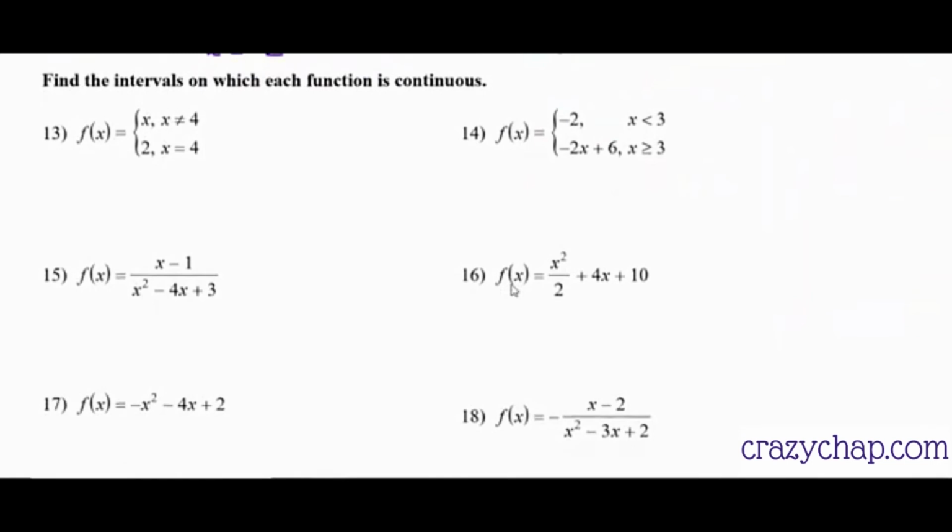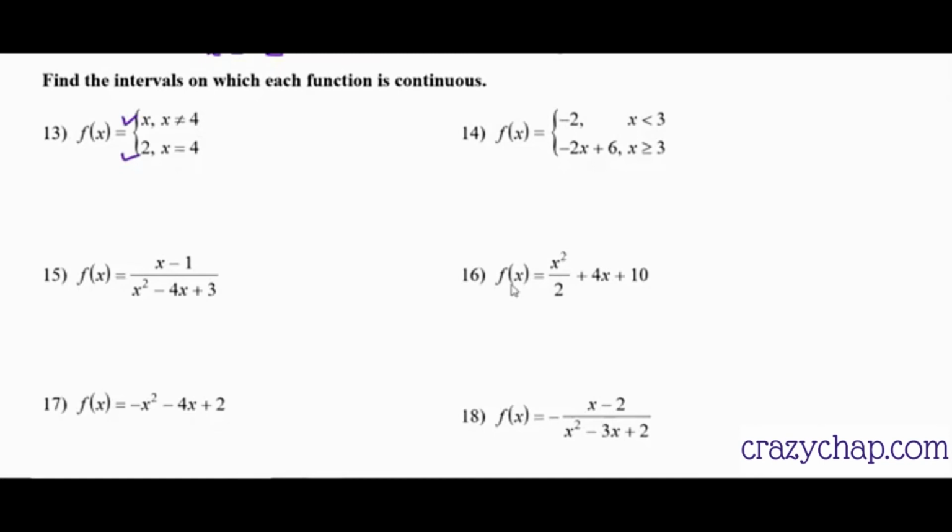We have to find the intervals on which each function is continuous. It's a piecewise function, and the function is a linear function in the first part, and in the second part also a linear function. So it is continuous before 4 and after 4, not at 4.